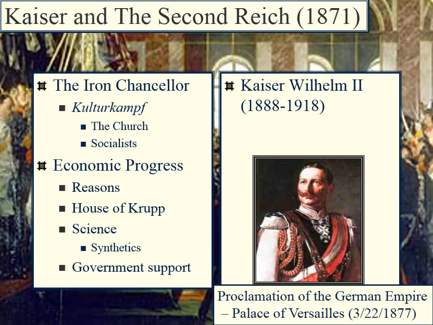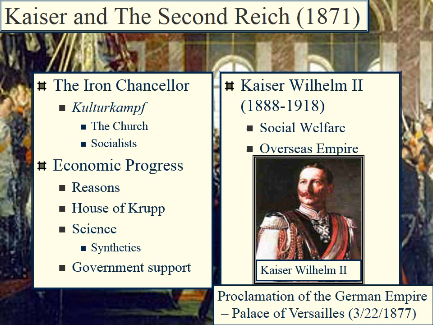But to combat that, Wilhelm then puts in place two reforms. One, he establishes social welfare so that it benefits the lower class, so he gets them on board. And then he also promotes the idea of overseas empire, where he and the other leaders of the European countries decide that they're going to divvy up the world and look for expansion. And this is during that age of imperialism.